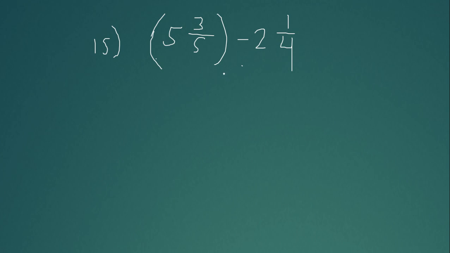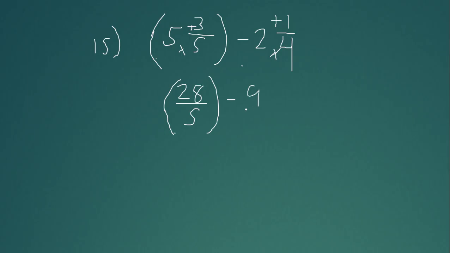Now, gawin natin to as improper. Times and plus. 5 times 5, 25, plus 3 is 28, over 5, times negative 2 times 4 is 8, plus 1 is 9, negative 9/4.